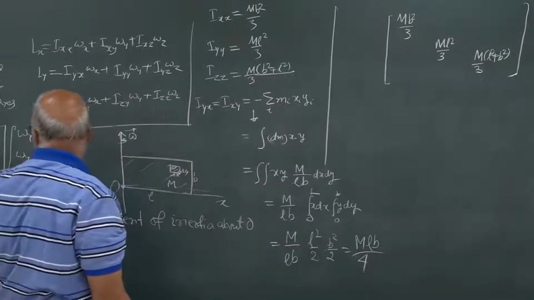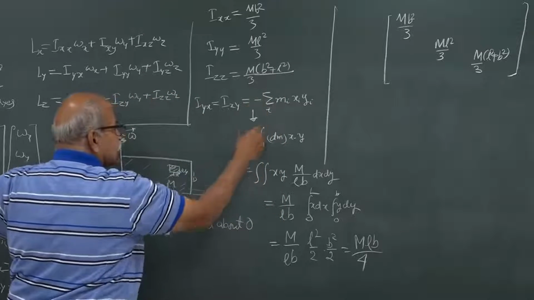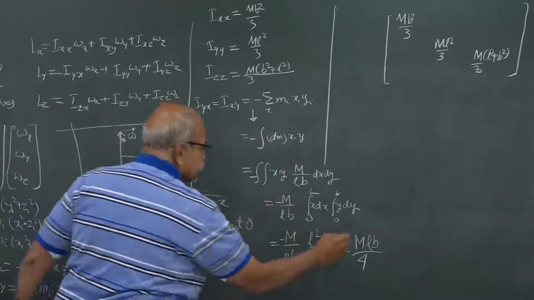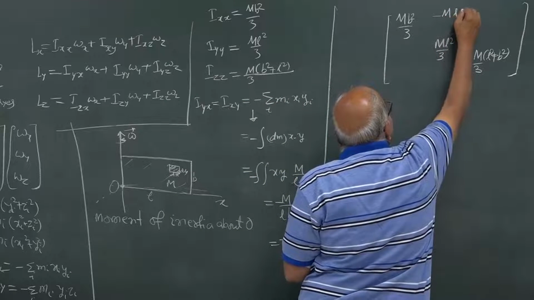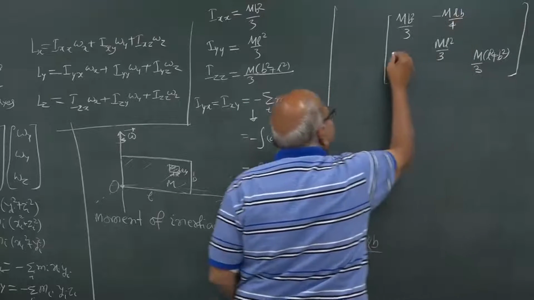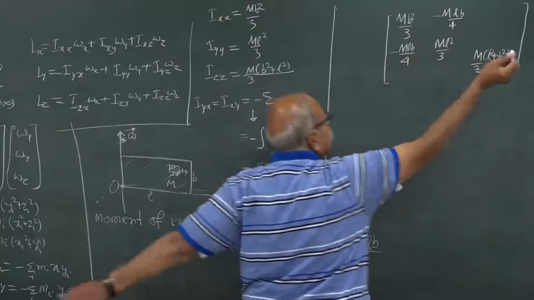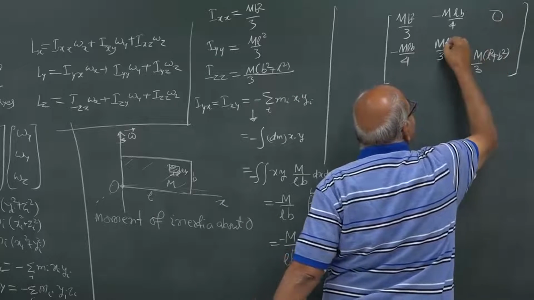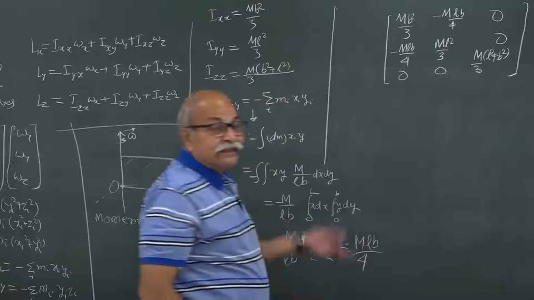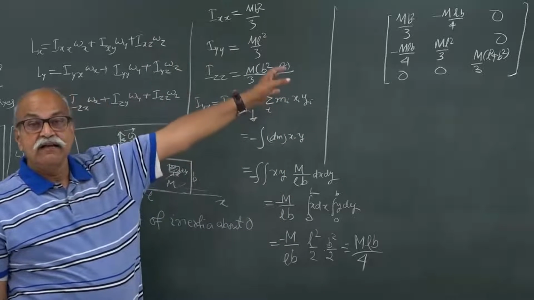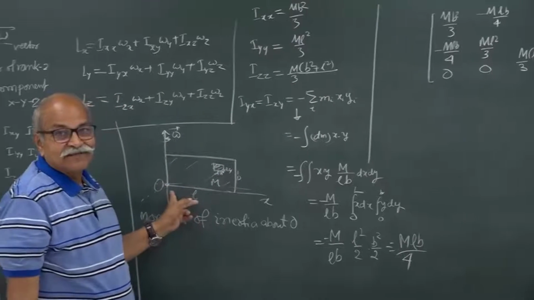Then Ixy is negative, so minus m L b by 4, minus m L b by 4, and all others are 0. This is 0 here, this is 0 here, this is 0 here, and this is 0 here. This is the moment of inertia of this plate about this origin.